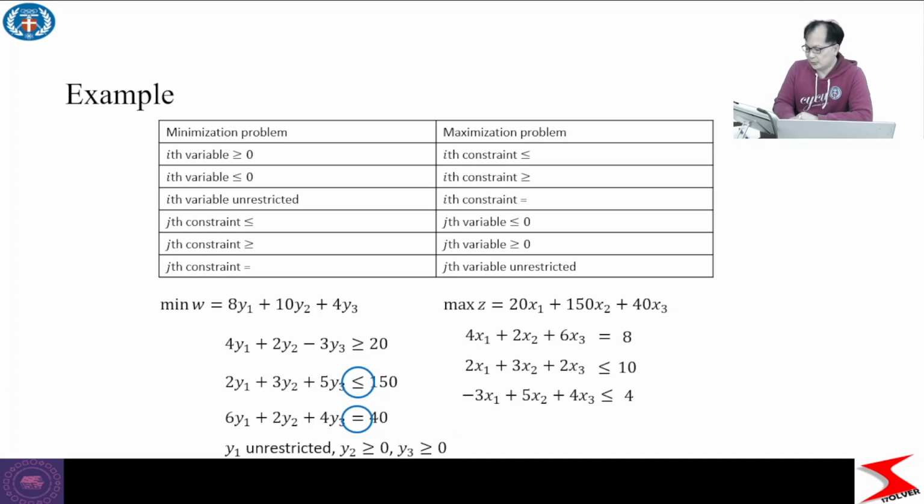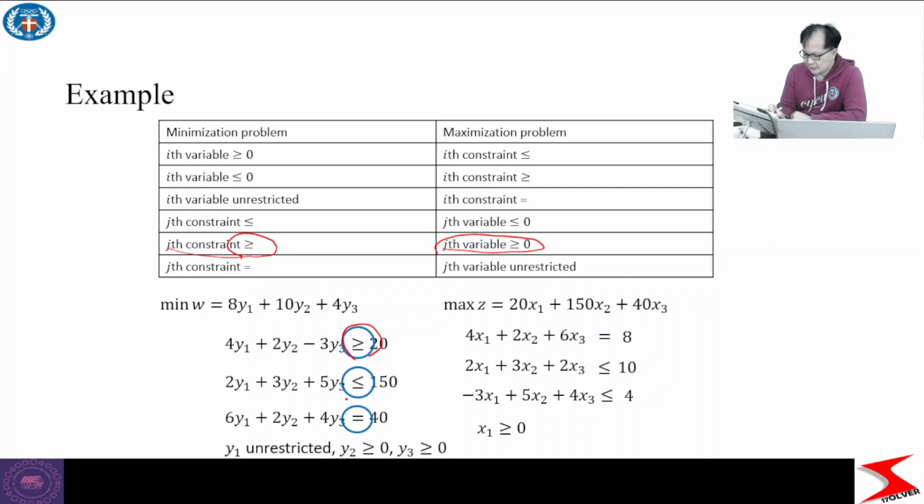Then we need to determine the variables. For the constraint with the larger-than sign, the variable is greater than 0.